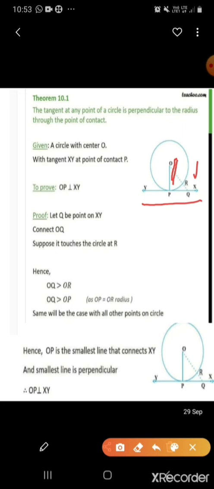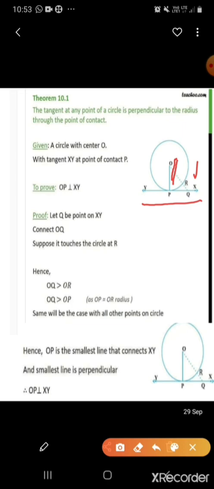Then that OQ touches the circle at the point R. From the figure itself, we can tell that surely Q is a point outside the circle and R is a point on the circle. So OR is the radius and OQ is always greater than OR. And what about OR and OP?